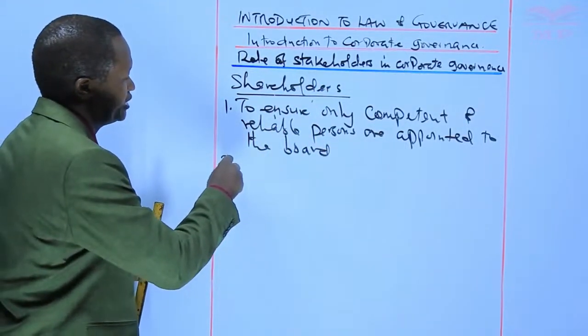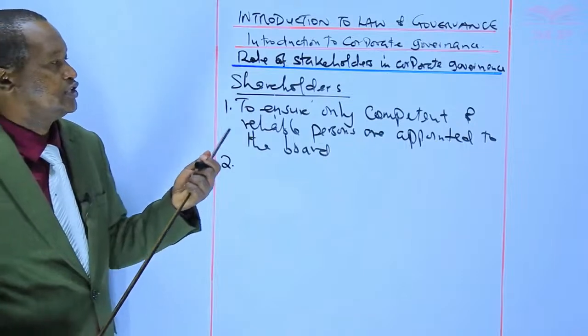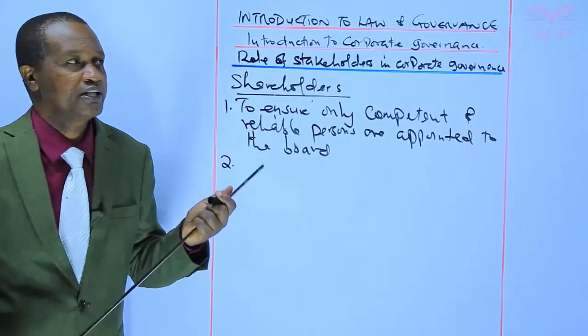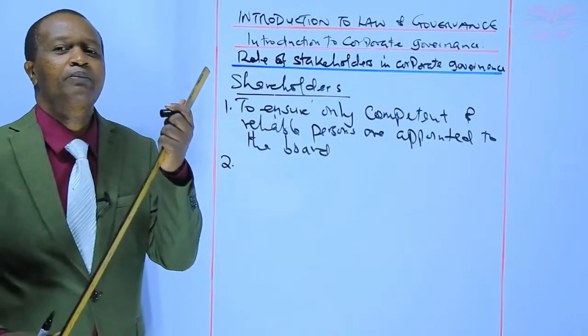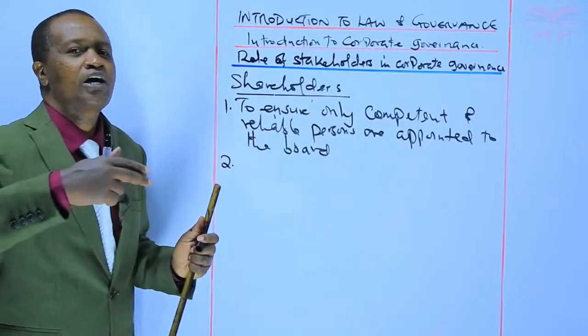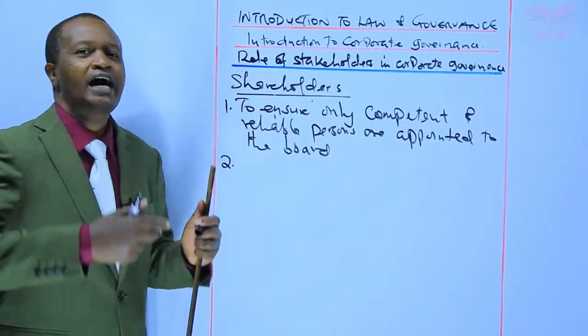Now, the second role of shareholders in corporate governance is to ensure that the board of directors is constantly held accountable.